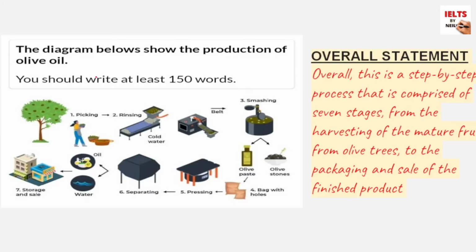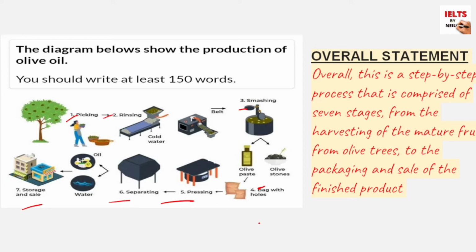Okay, coming to the overall statement. Now, how do we write overall statements for this process diagram? I'll give you a very simple tip here, that you can simply count the number of steps. It's 1, 2, 3, 4, 5, 6, and 7. So 7 steps are involved.